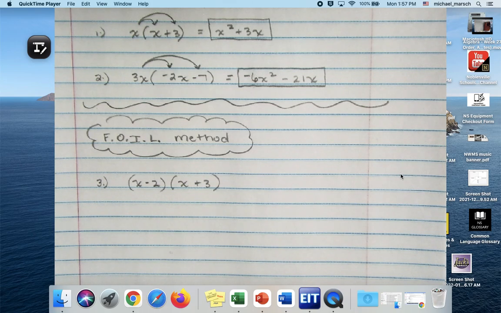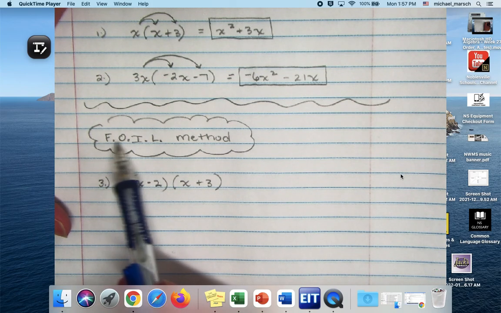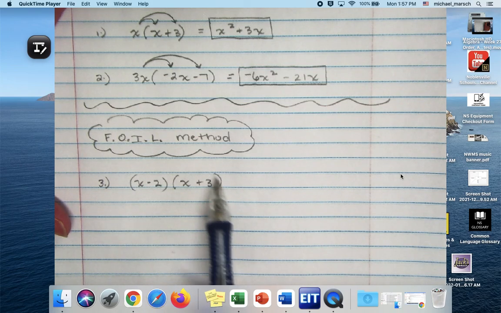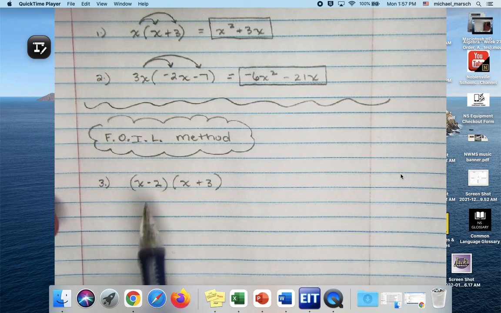I promise I'll give you time to catch up. So what we're going to do is use this method, FOIL, to multiply this quantity times this quantity. And the reason we have this method is so that we are organized. It's strictly about keeping track of what we've already multiplied so we don't accidentally multiply it again, right?